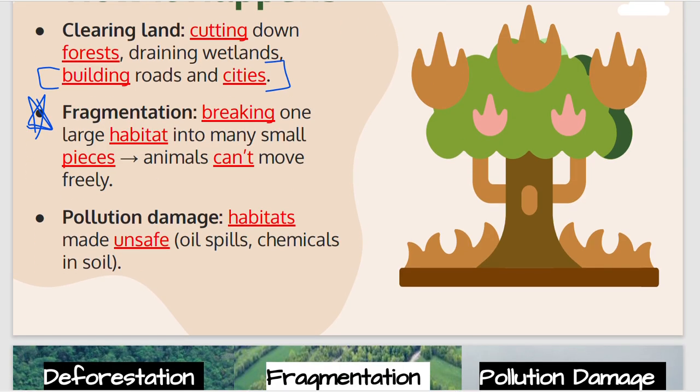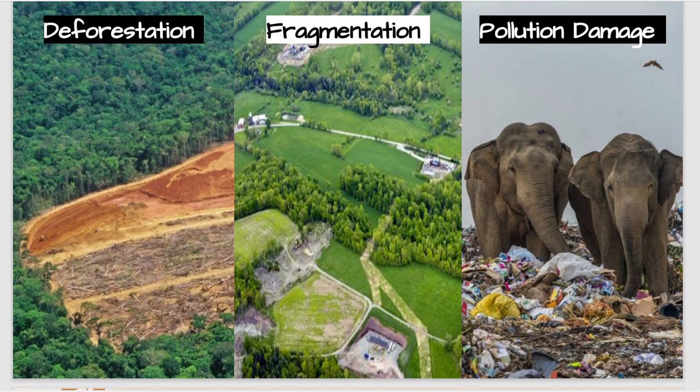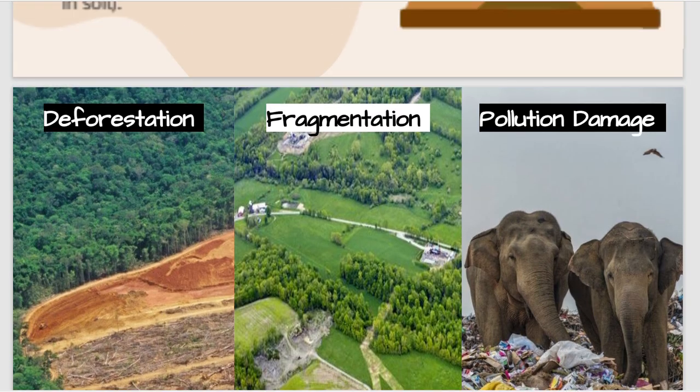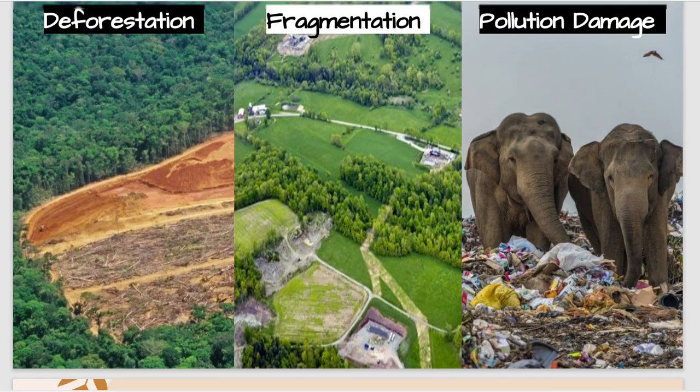So moving on to some picture examples. I am personally one that likes to have visuals of what's going on. So deforestation, this is clearing of land. Here is deforestation.